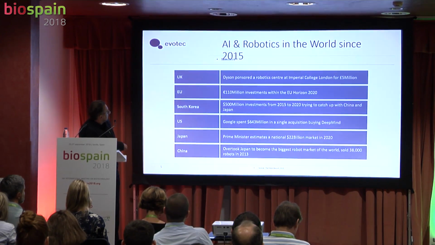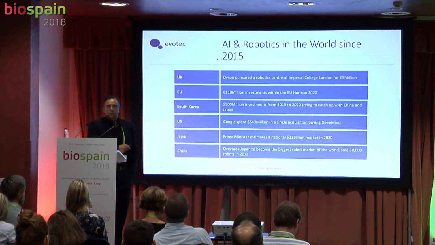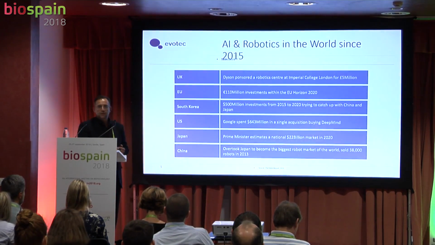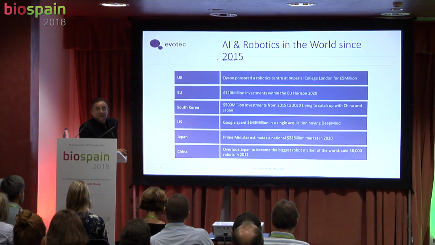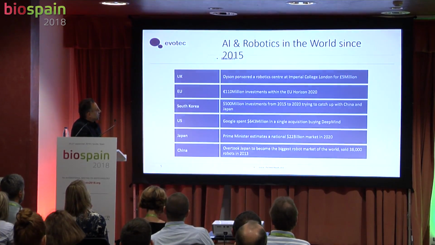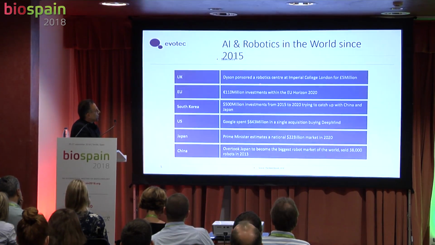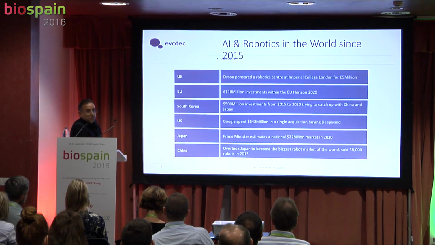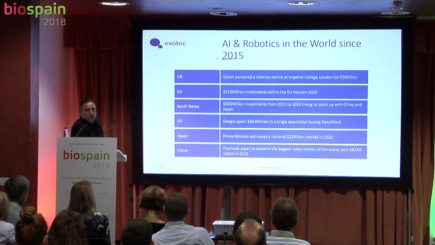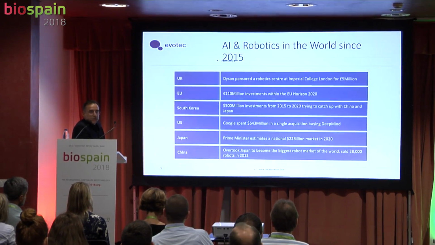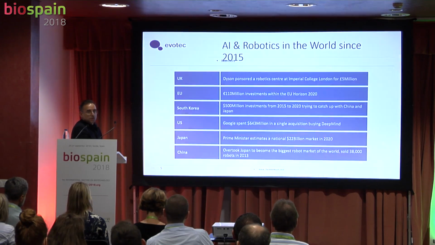Some numbers by continent, just to show you what has been invested since 2015 in the robotics and artificial intelligence areas. UK: Dyson, you know the company, sponsored the robotics center at Imperial College, £5 million. EU: Horizon 2020, boosting technology and innovation, 110 million euros.